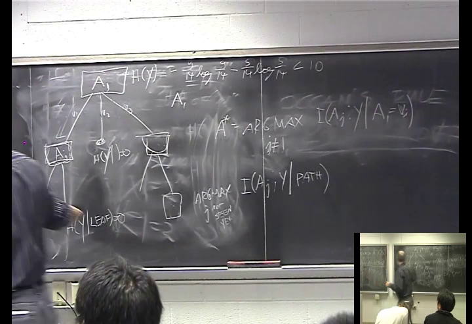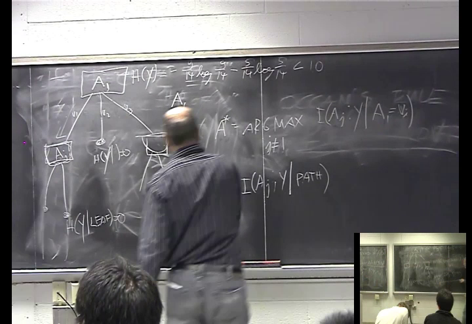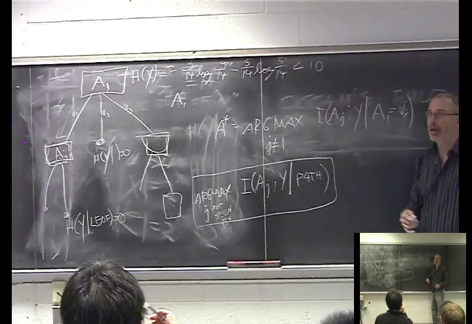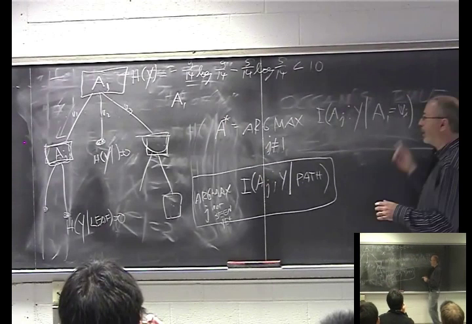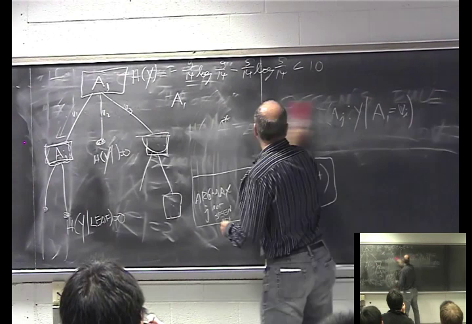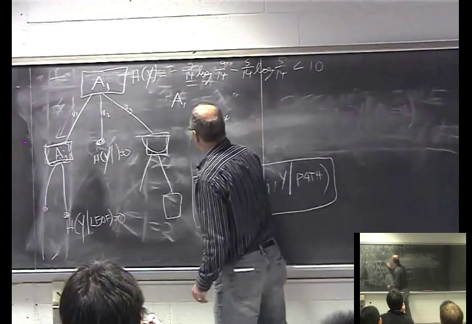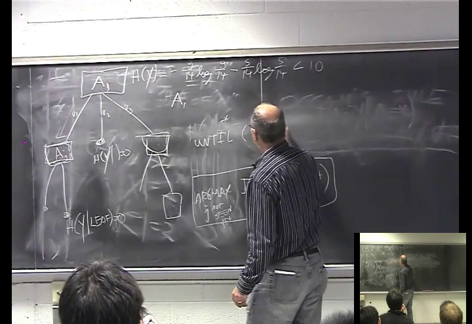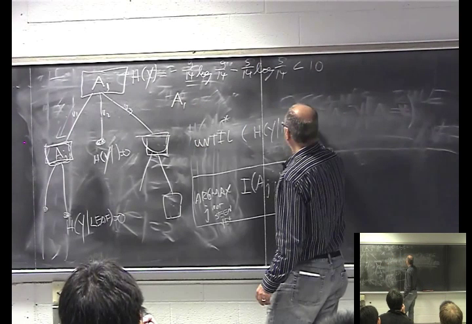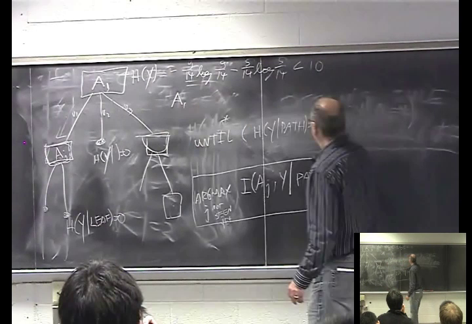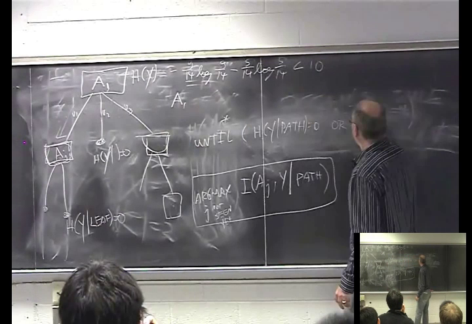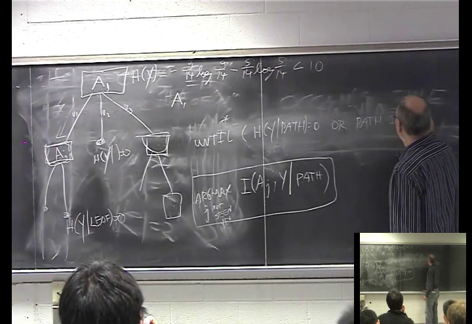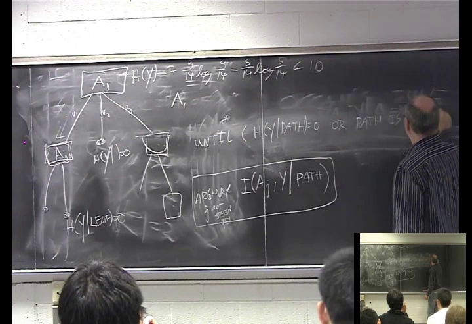Do this. So the entire algorithm is two lines. Until entropy of y given path is 0 or path is complete.